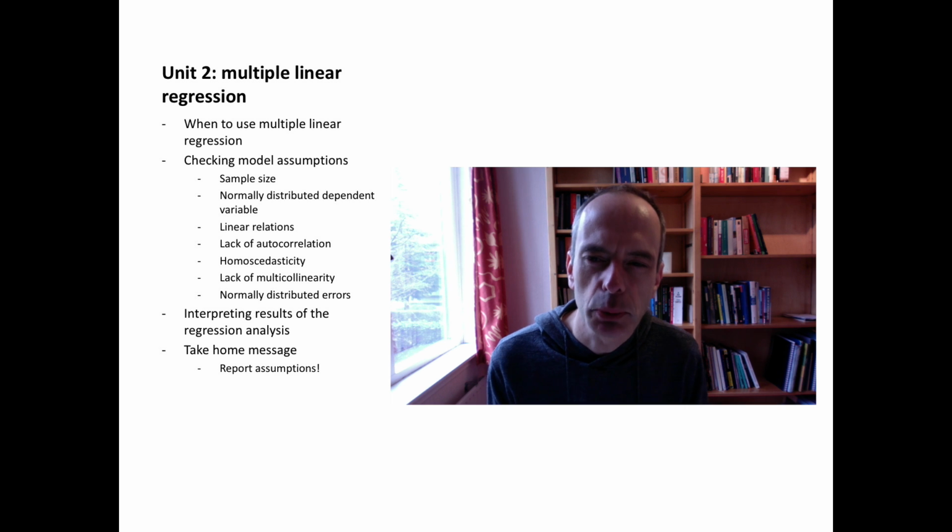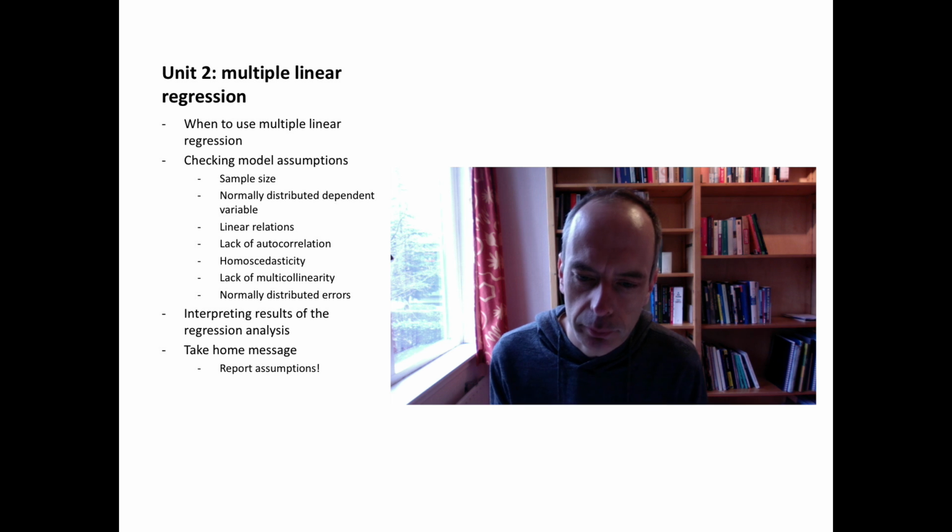Before we can actually carry out the regression analysis, we should first check whether the data complies with the number of model assumptions that are required by a multiple linear regression. And those are that there's a minimum sample size.